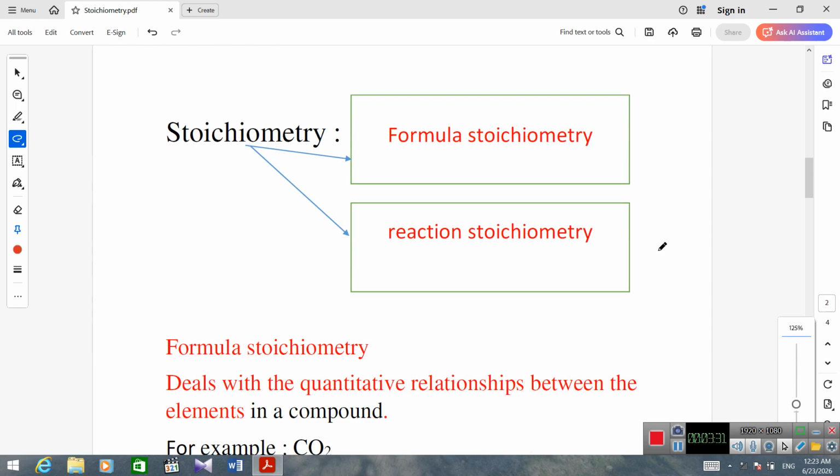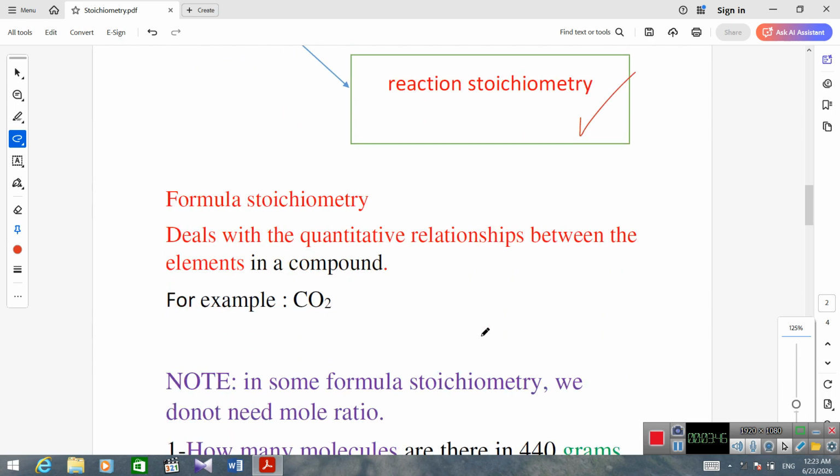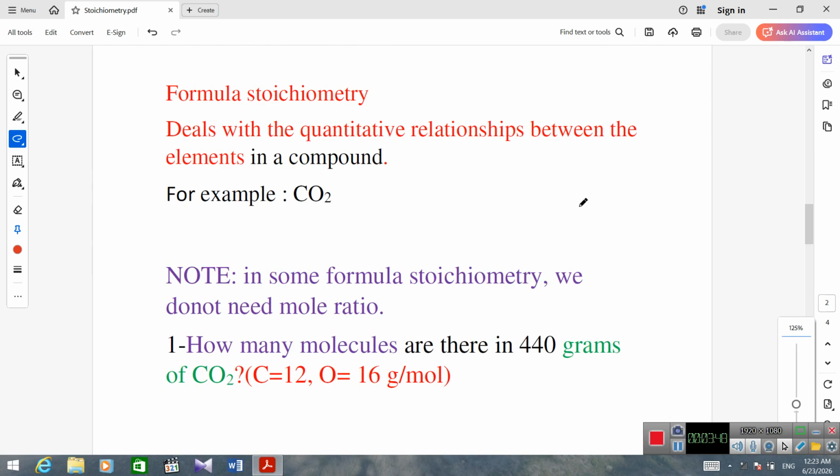But totally, in stoichiometry, we have two different kinds: formula stoichiometry and reaction stoichiometry. There are some differences between the two groups. Formula stoichiometry deals with the quantitative relationships between the elements in one compound.